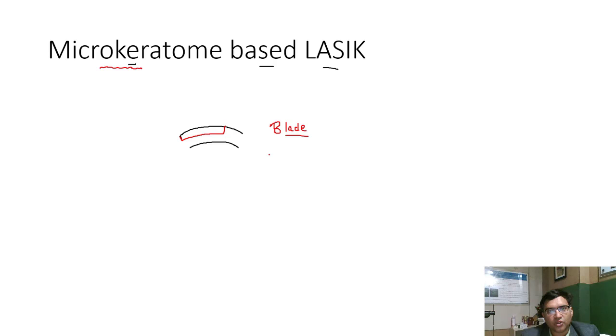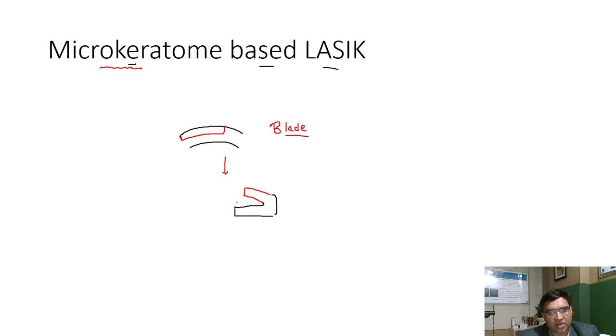We made a flap like this. This flap was around 120 to 130 micrometer in thickness, and this is your stromal bed. After making this flap, we used to put the laser over this stromal bed.